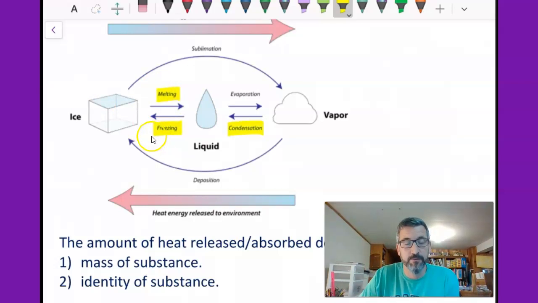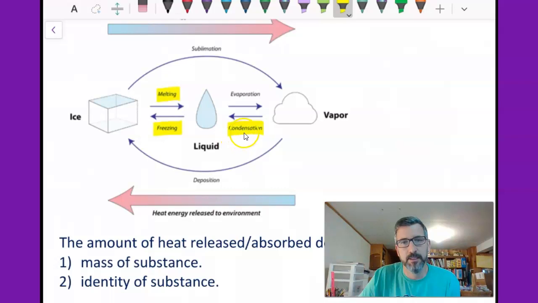So the heat of fusion for a substance like water is the same whether you're freezing or melting. I said earlier that they're equal and opposite processes. So that 334 joules per gram for water would be the same whether we're melting an ice cube or freezing water into ice.